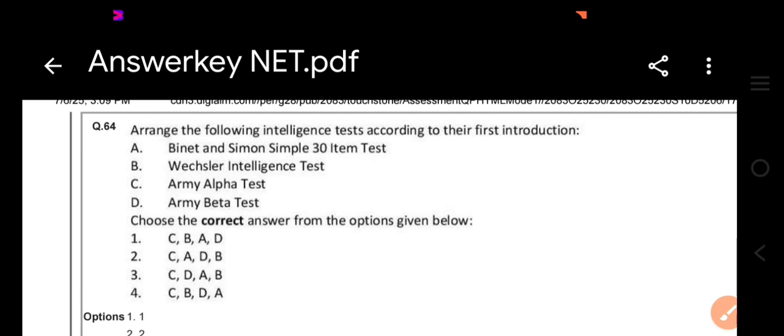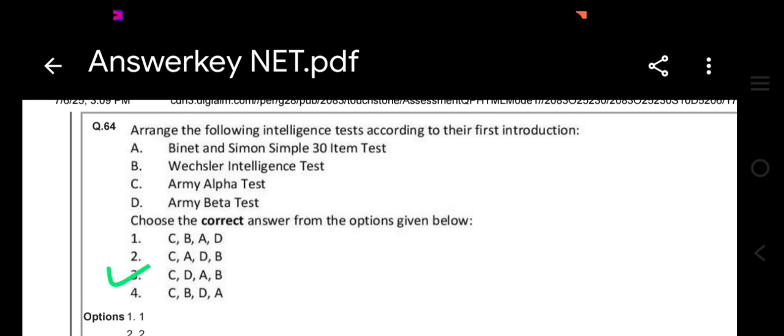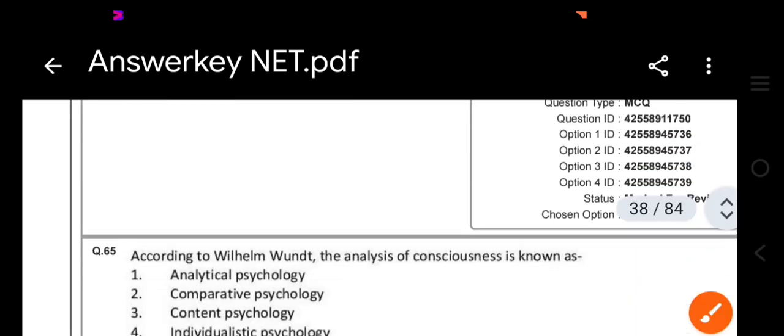The Army Alpha test was done first, then Army Beta, then Binet, and then Wechsler intelligence. So C, D, A, B, option 3, is the right answer. Now we are moving to the next question.